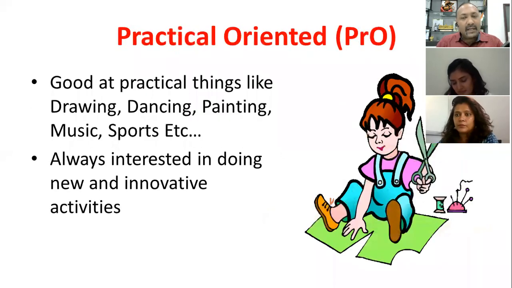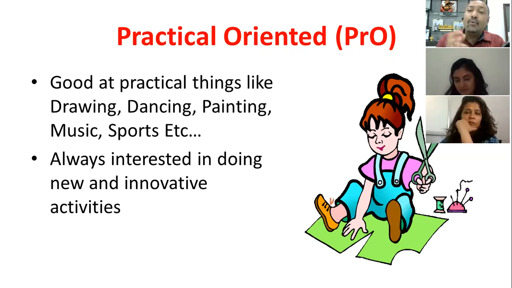The third category are the children who are neither too interested in academia, nor too comfortable with interaction. They are more comfortable doing things by hand. They are children who like to involve themselves practically with skill-based application.